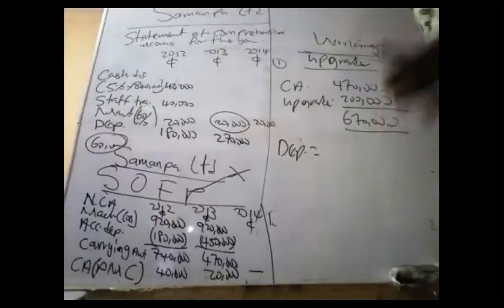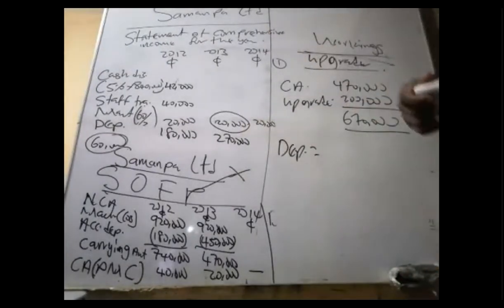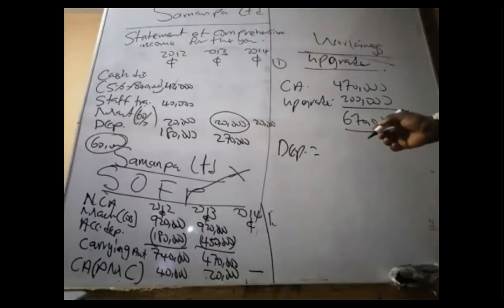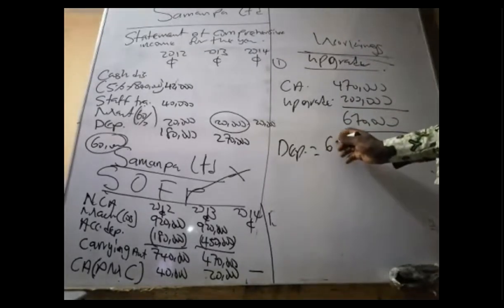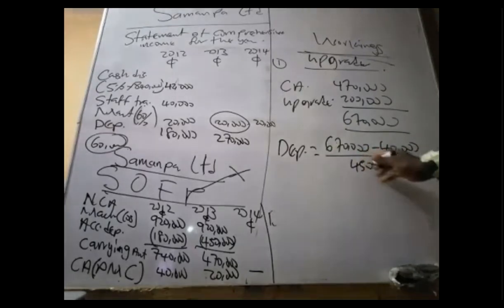There was a question we asked earlier that was not submitted, question number 3 and question 4. So it will be 670,000 less 40,000, all divided by 4,500.